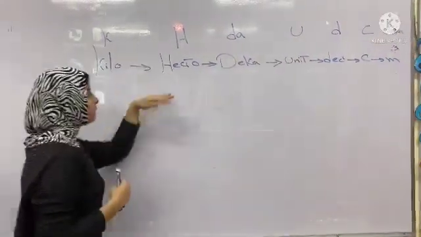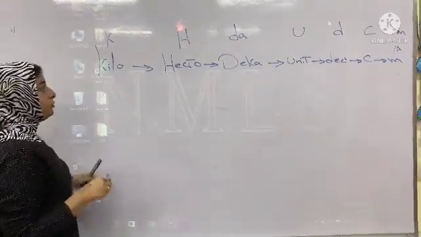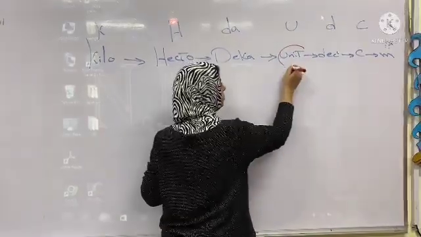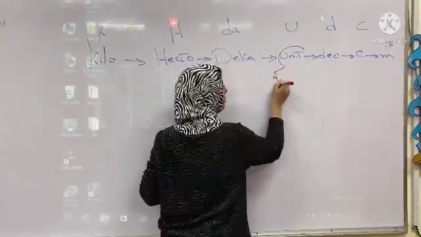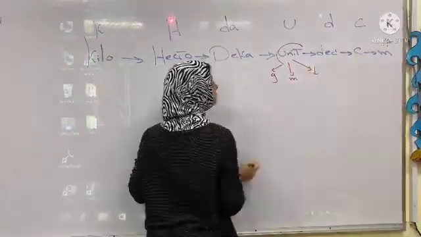Now we have to take these units. So Junior 4, what are the units we said in the first? It will be gram, meter, and liter. Okay?